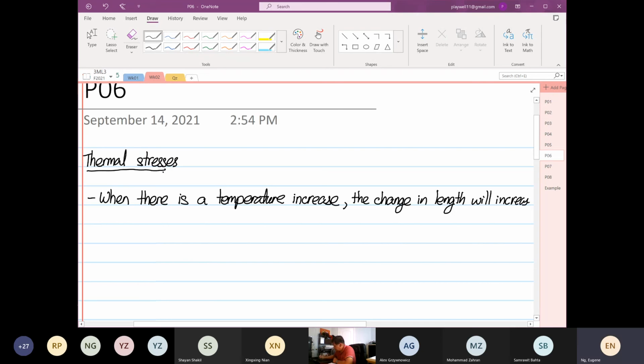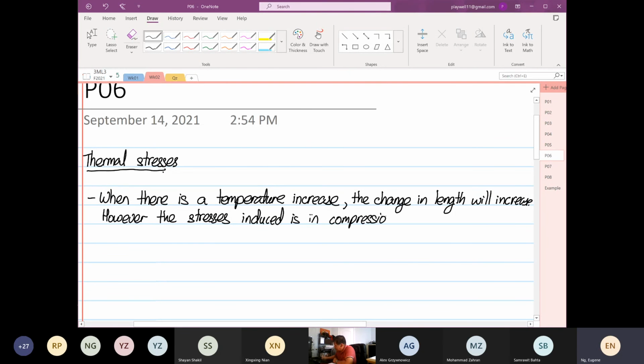That's obvious. However, the stresses induced is in compression.